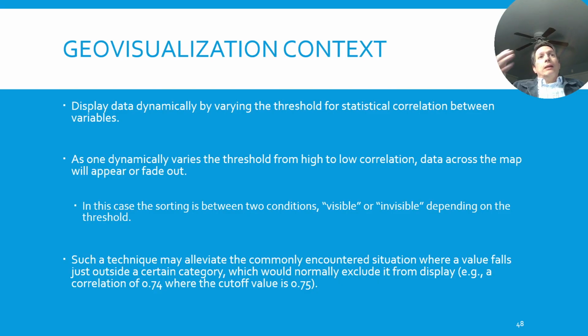Then the context of geovisualization, as we saw, is that we can display data in a dynamic way with different thresholds and looking at correlation between variables. And we can have that map that is going to change over time or over space, and giving us those insights.